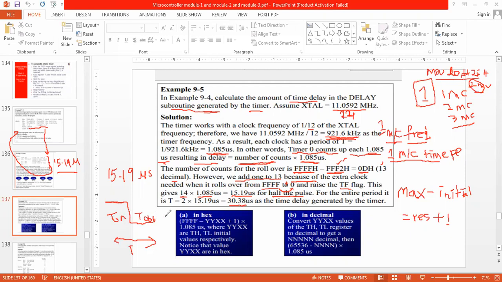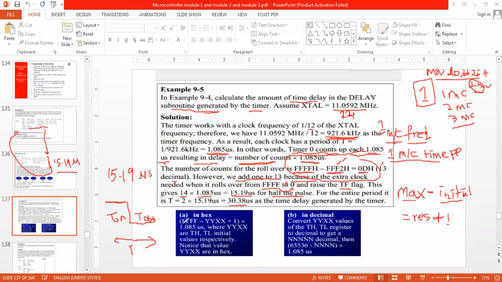So total T is going to be 30.38 microseconds. Have you understood this calculation? This is very much important. Maximum value minus initial value is equal to result plus 1 because of rolling over. Have you understood this?